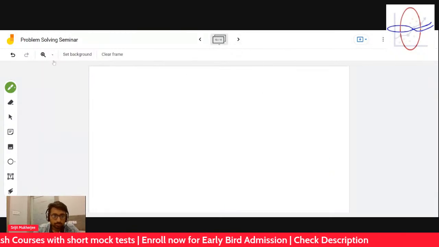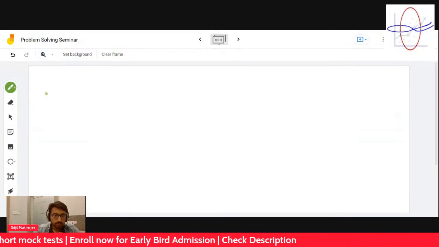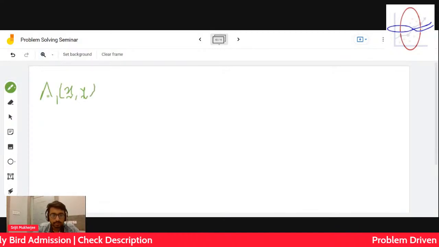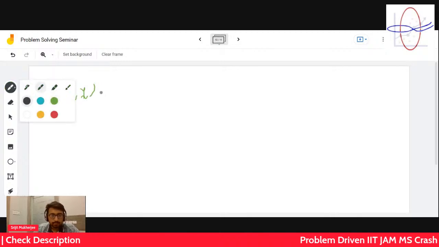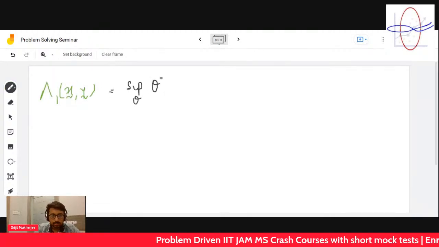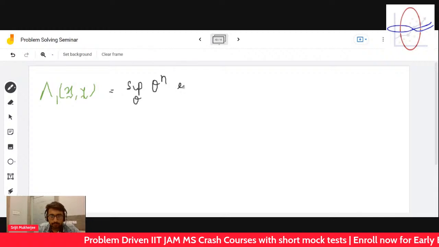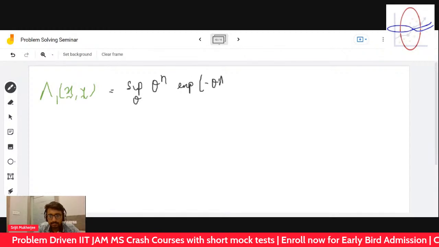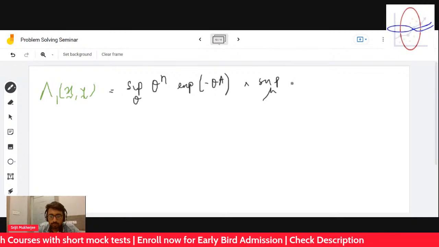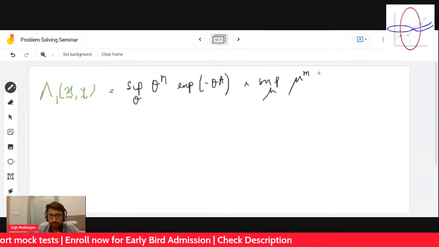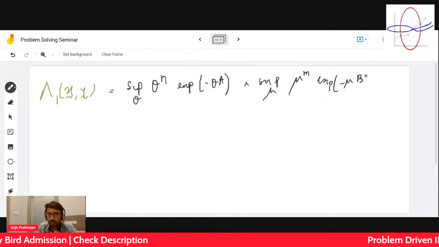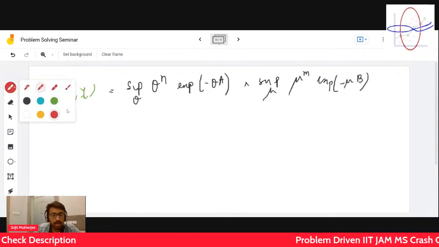So now this lower one, x curl, y curl, is nothing but the supremum over theta of theta to the power n exponential minus theta a, times the supremum over mu of mu to the power m exponential minus mu b. Now you can understand how they are maximized.